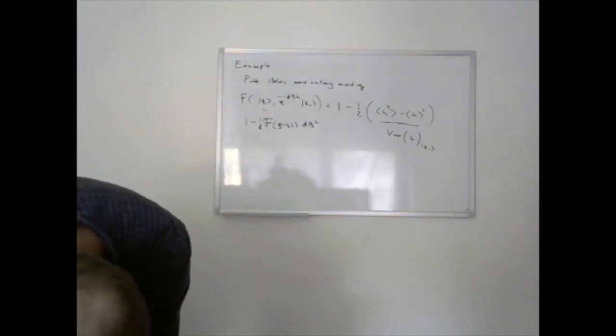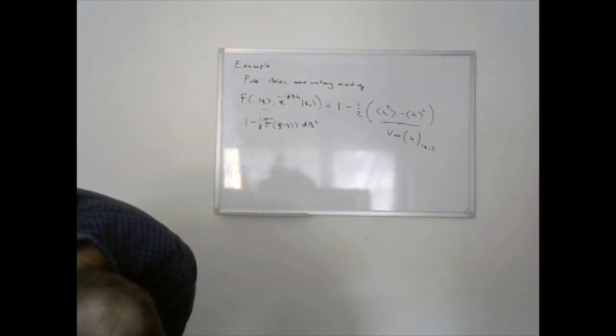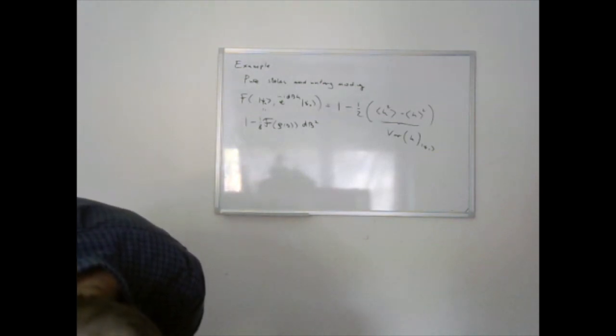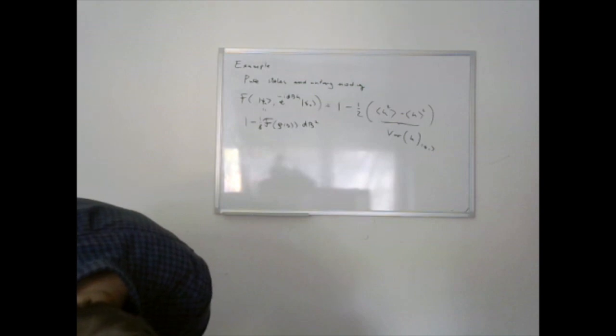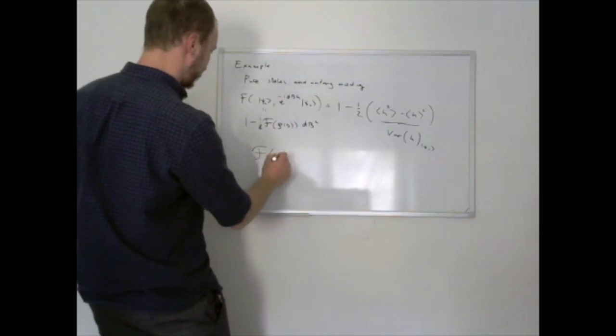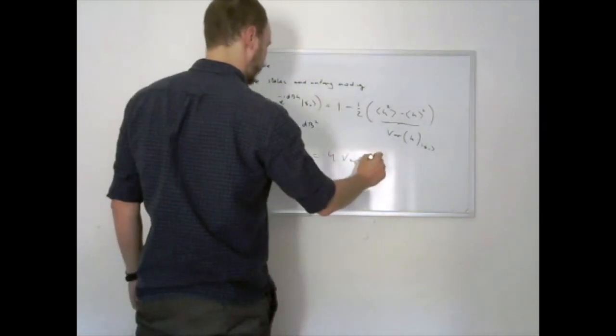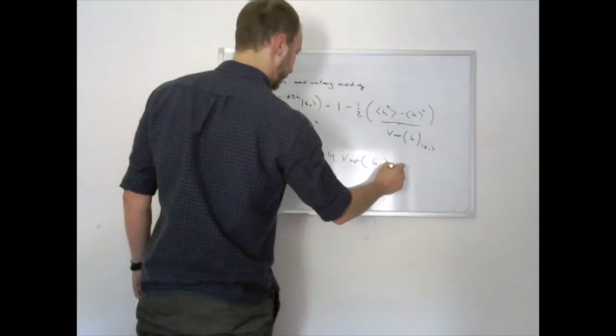Do you remember if this is 1 over 8 or 8? Anyway, I know the answer. So the answer is that this is 4. So the Fisher information of this state now is 4 times the variance of the generator.